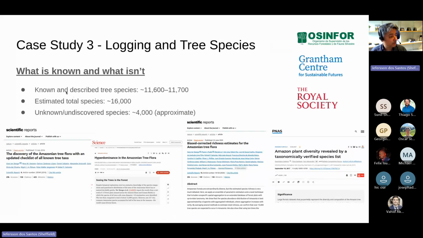Some estimations mention approximately 4,000 undiscovered species in the Amazon rainforest. So it's quite common to have a situation in which you're analyzing a tree that has not been documented, or at least your model is not aware of it.